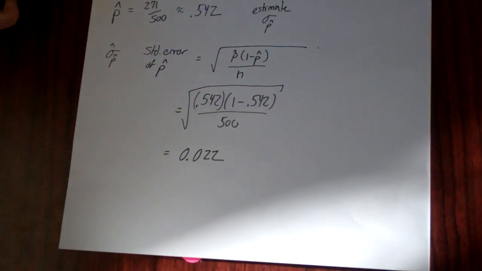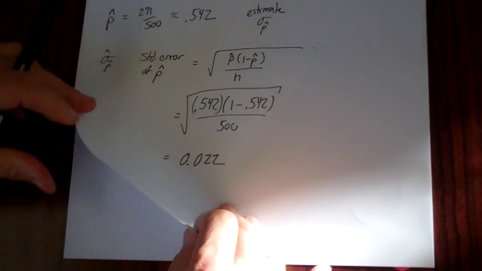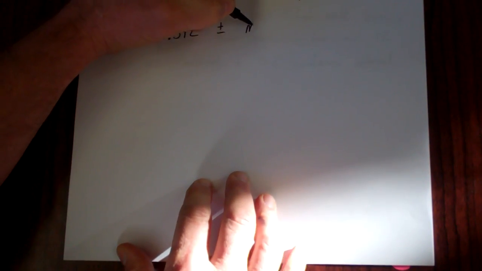Now it'll be fairly straightforward to calculate the confidence interval. We want an 80% confidence interval. That's going to equal 0.542 plus or minus the margin of error.